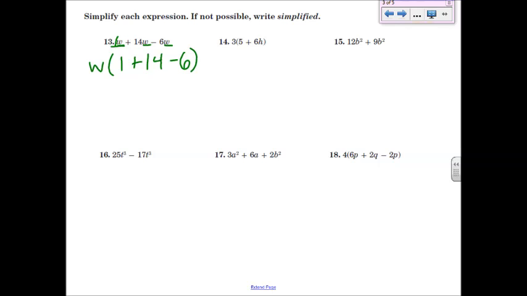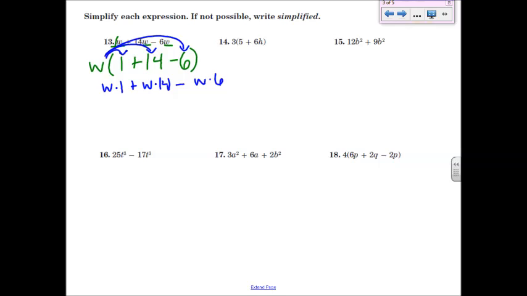Now I want to show you how you can check your work to see if you've done it right. So what this looks like is if I multiply W through doing the distributive property forwards, I have W times 1 plus W times 14 plus, minus W times 6.